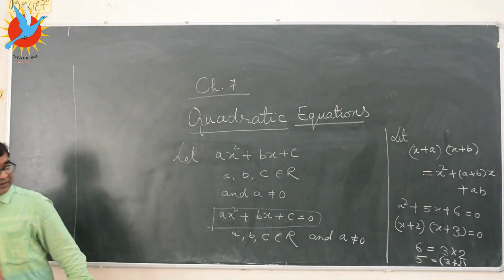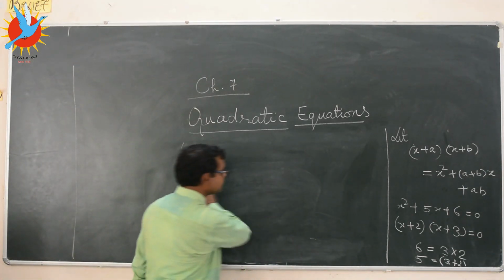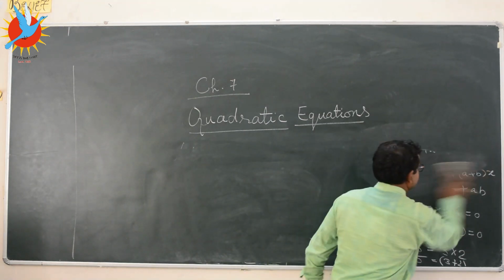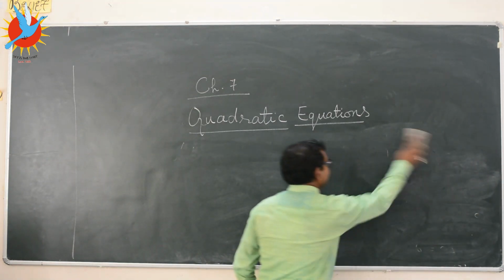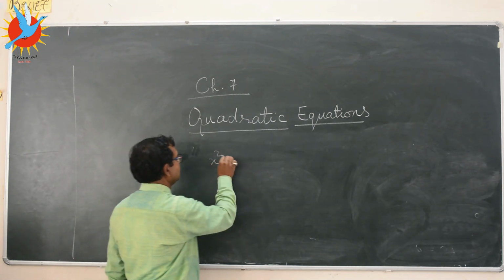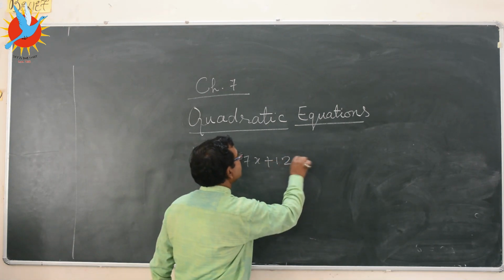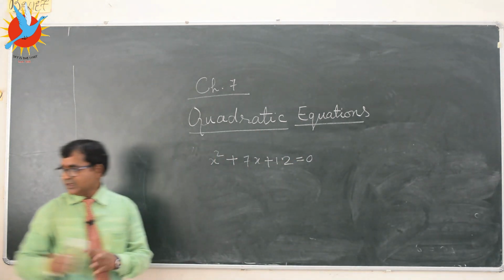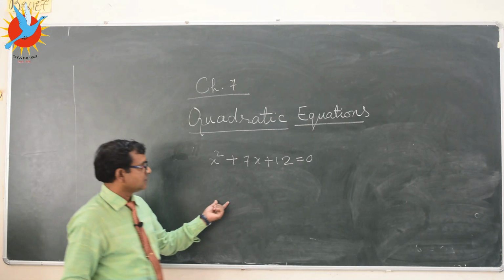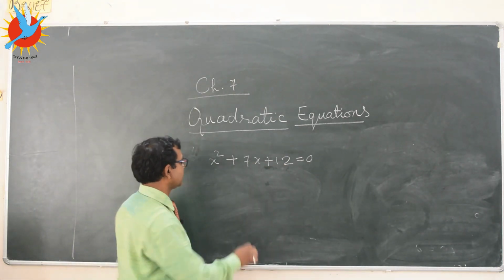Now let us take another example: x square plus 7x plus 12 equal to 0. In this equation, this is the constant term and it is with a positive sign.